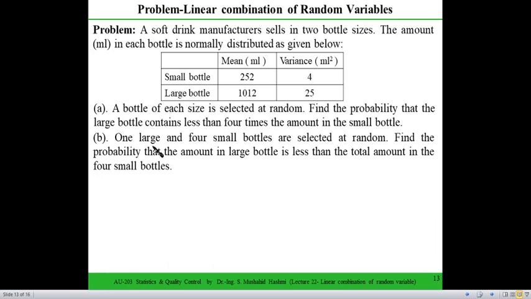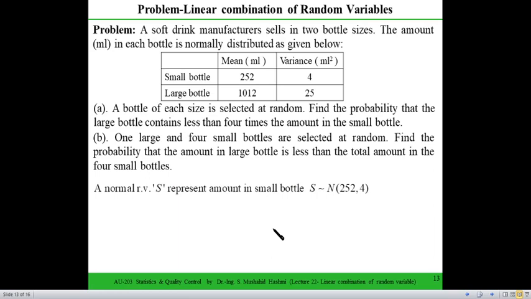Okay, now look at another part, in which one large and 4 small bottles are selected at random. Find the probability that the amount in the large bottle is less than the total amount in the 4 small bottles. So these two wordings are different, and we will see how we write them down.